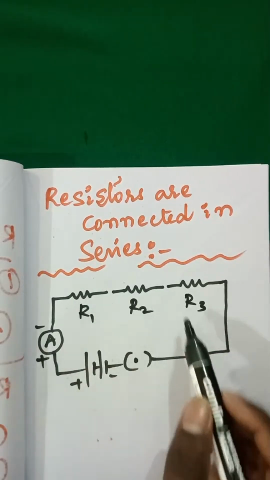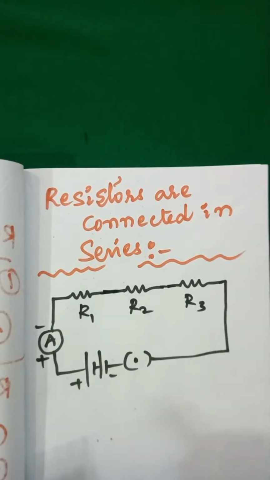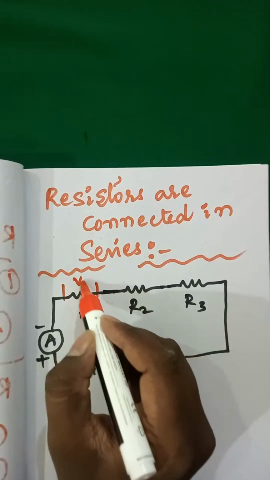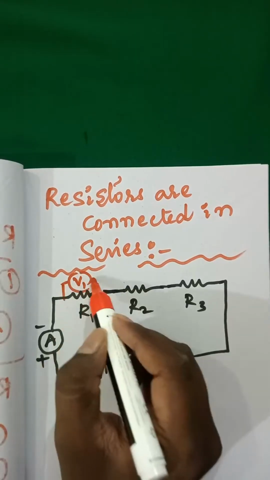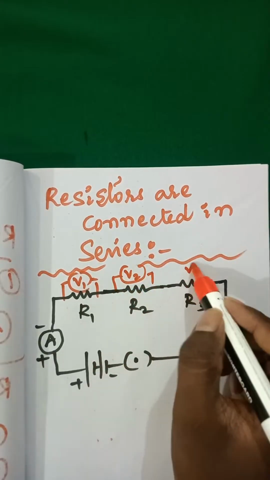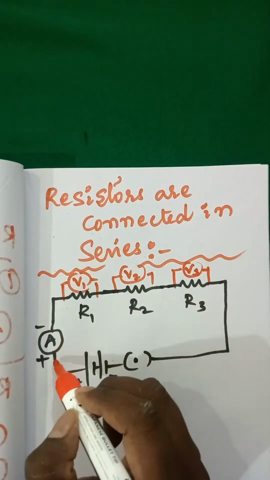If you connect like this, you can observe throughout the circuit the current is same. If you connect across R1 a voltmeter V1, across R2 V2, and across R3 V3. Current is flowing like this.